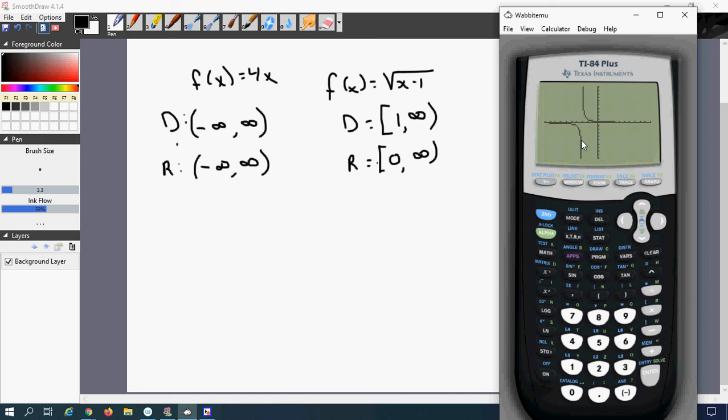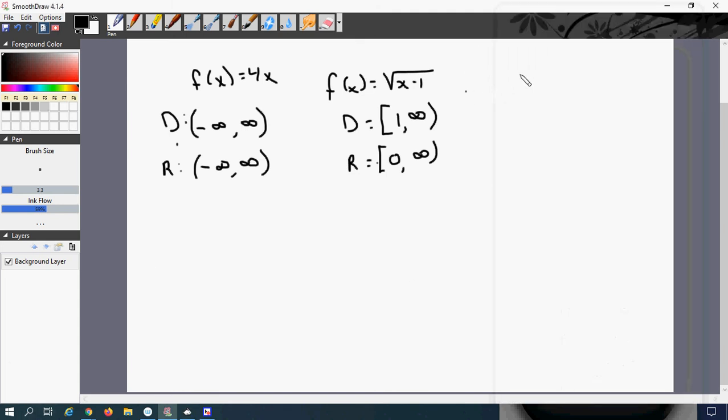It will not cross the -3 value in my graph. So for this one, we have f of x equals 1 divided by x plus 3. And x cannot be -3, because this would make the denominator 0.